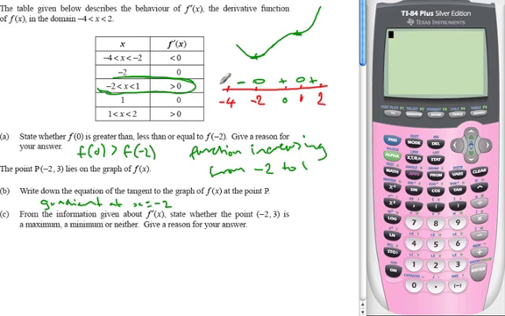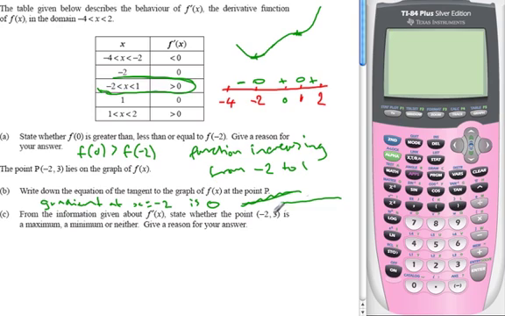Looking up here, the gradient f'(x) at -2 is 0. And a line with a gradient of 0 is a horizontal line.